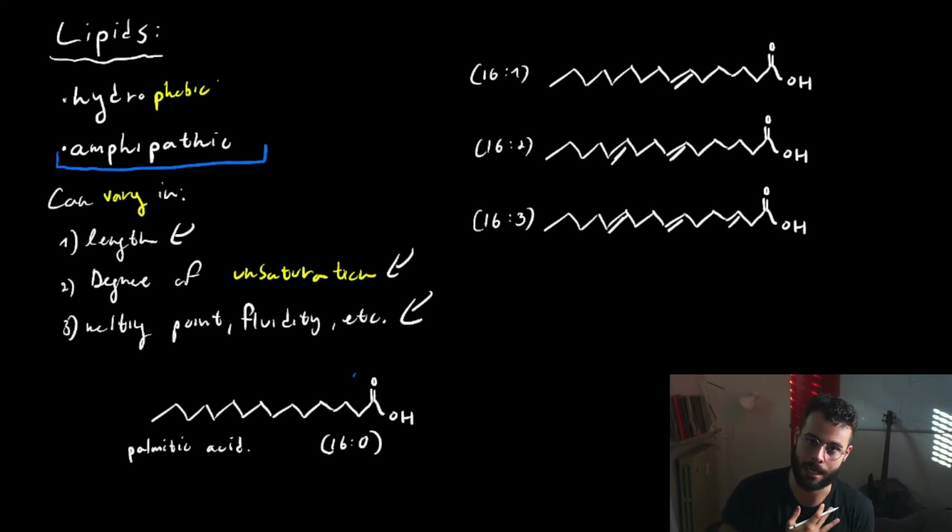And in our case, when we have more saturation of the molecule, the melting point, boiling point and fluidity of the fatty acid will change as well. And in the next part of the video, I'm going to explain how the fluidity, melting point and boiling point are affected by the fact that you have double bonds inside the molecule.